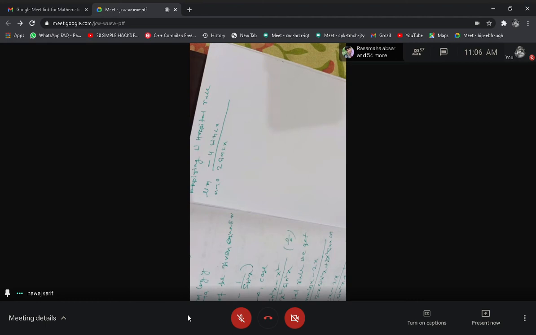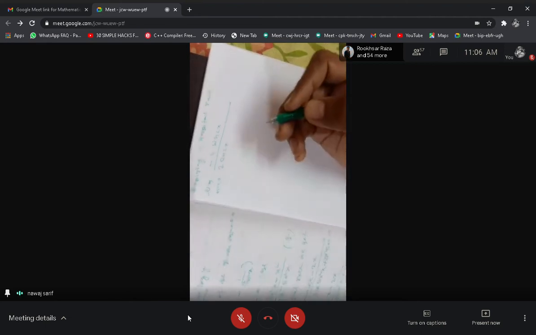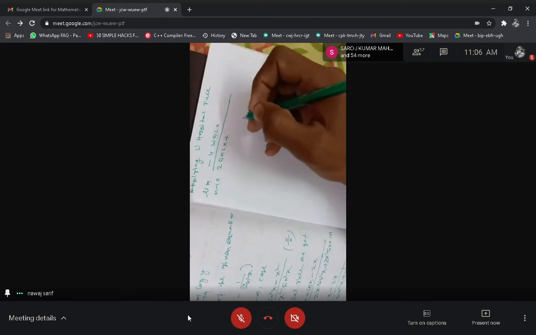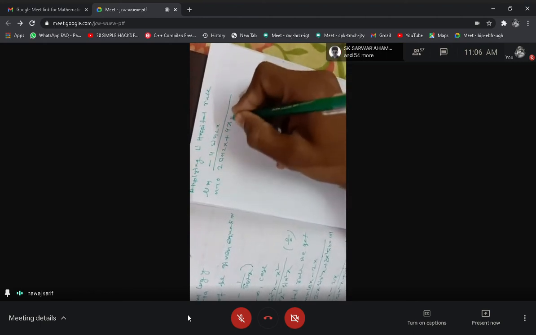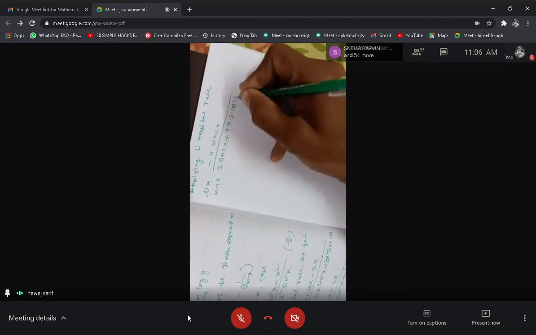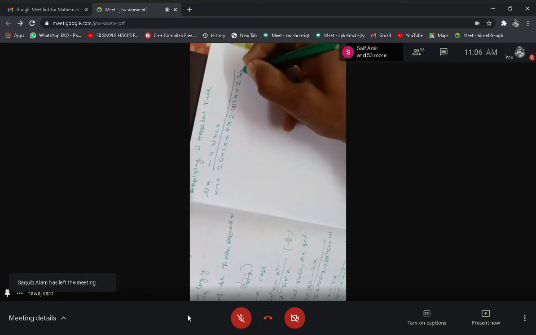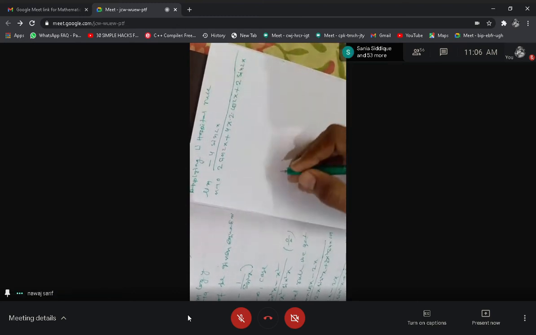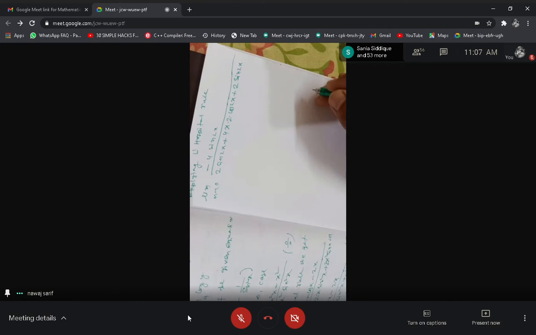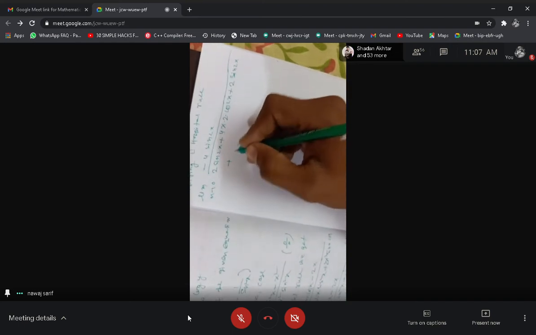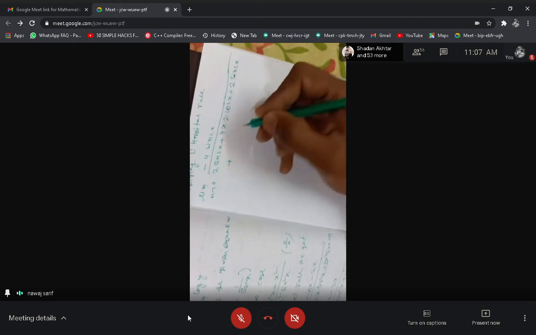So this is 4x sine 2x, so plus 4x into 2 cos 2x, then plus 2 into sine 2x, plus 2x square cos 2x.